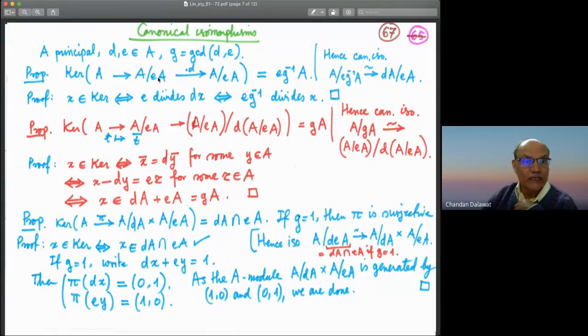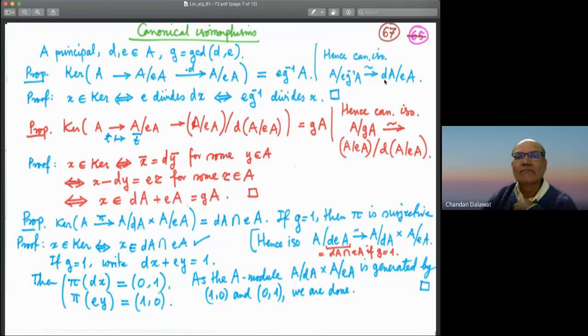A going to A modulo E, then you take multiplication by this D. And the image, of course, is going to be D times A modulo EA.